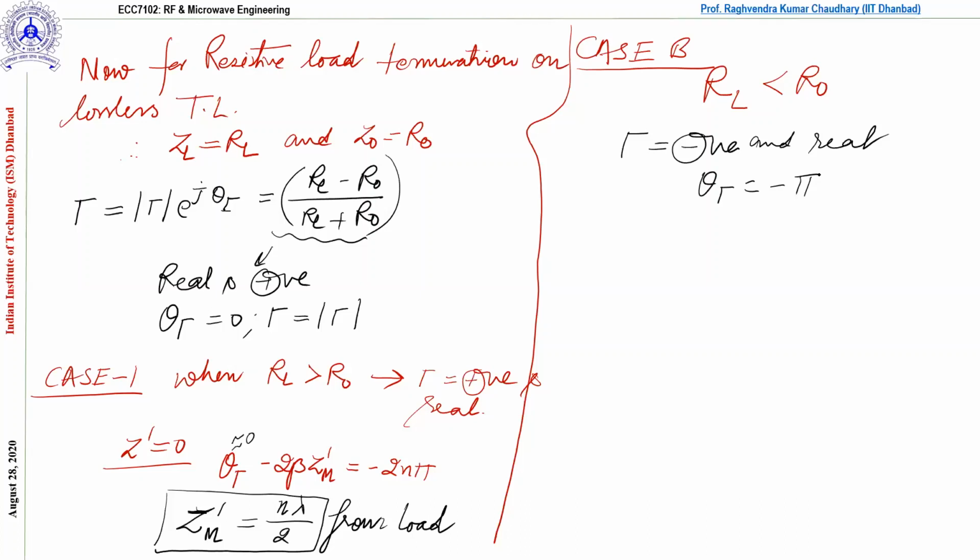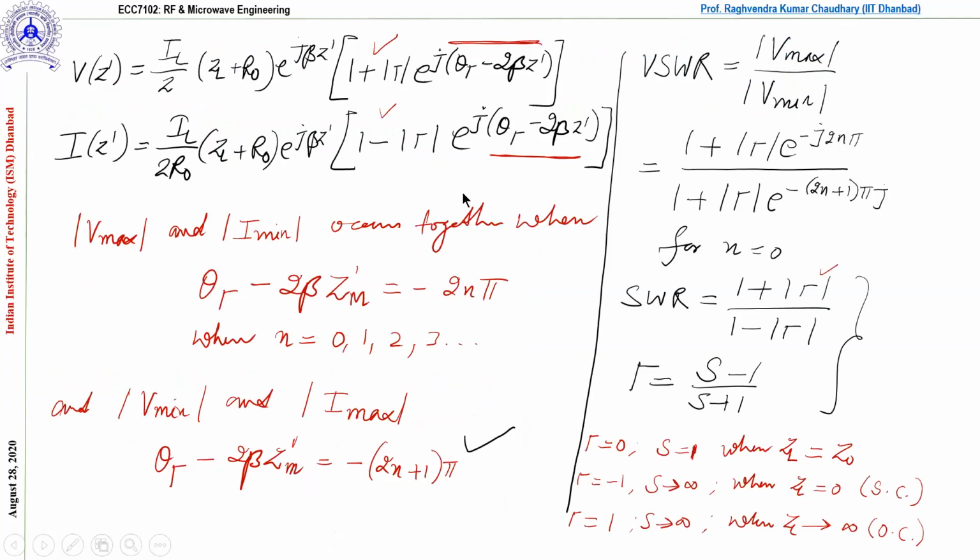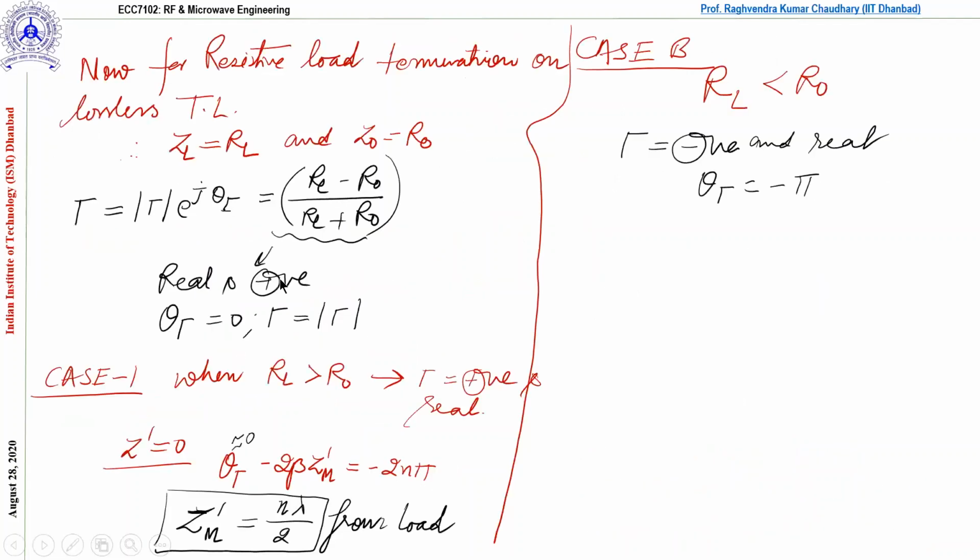Now you again rethink those previous equations. What previous equations? I should show them first. You need to think about these equations, because ultimately theta gamma and 2 beta are all here and you are supposed to play with these equations. When you put these in, you will get the first voltage minimum and current maximum. These two things occur together.